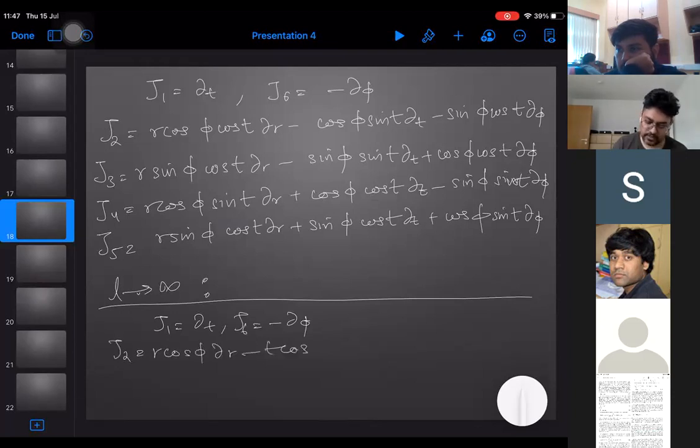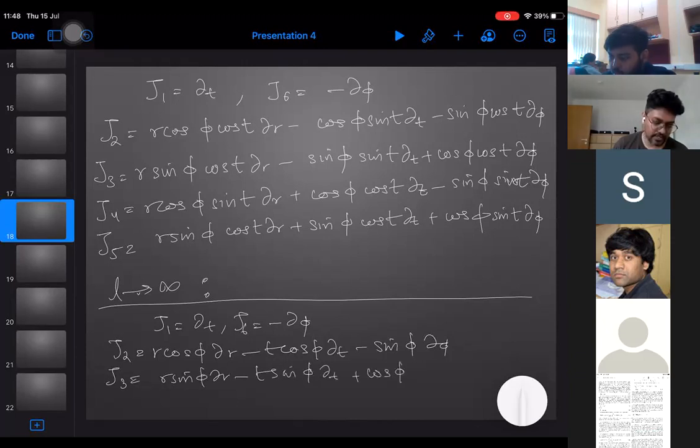Minus cos phi del t minus sine phi del phi. Similarly for every other one. This plus cos phi del phi, and your J4 and your J5 is this.